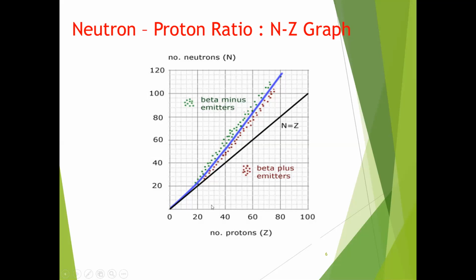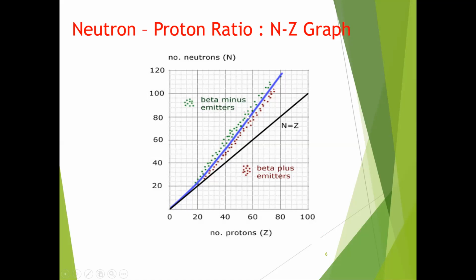If the numbers of neutrons and protons are the same, we will get a straight curve. But instead of getting the straight curve, this blue curve is the actual curve of the ratio between N and Z. As you see, after Z is equal to 20, it bends towards the y-axis, or towards the neutron axis.